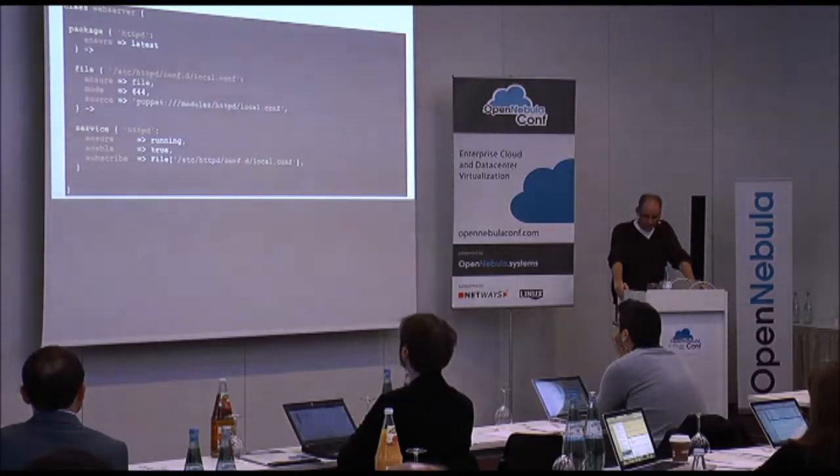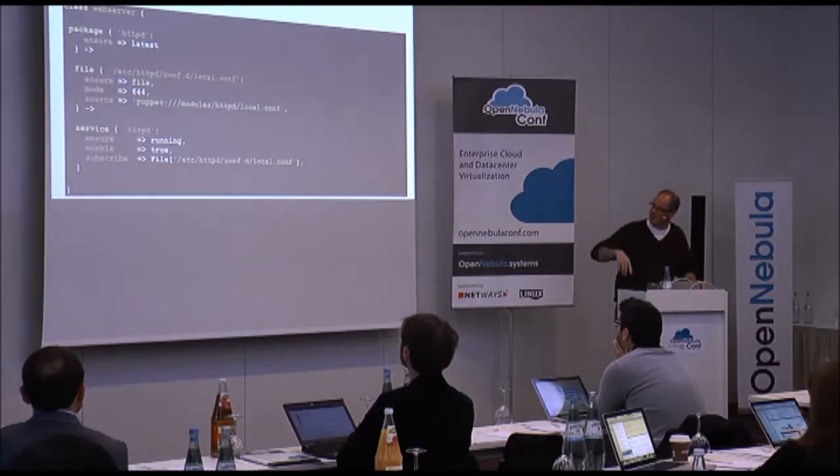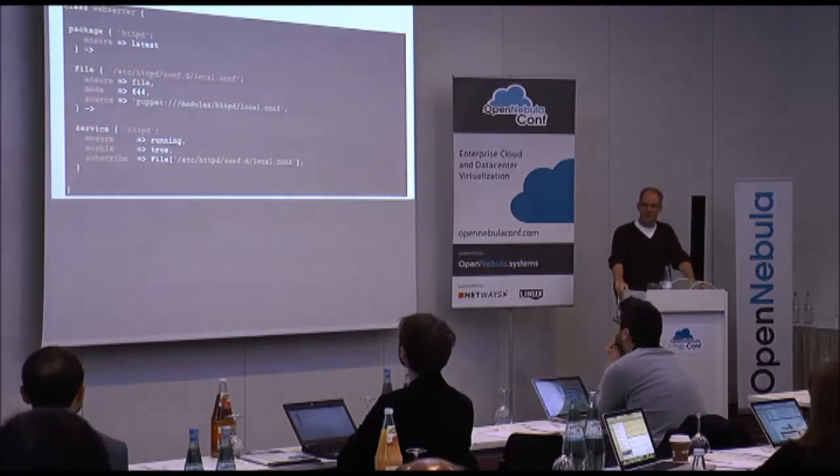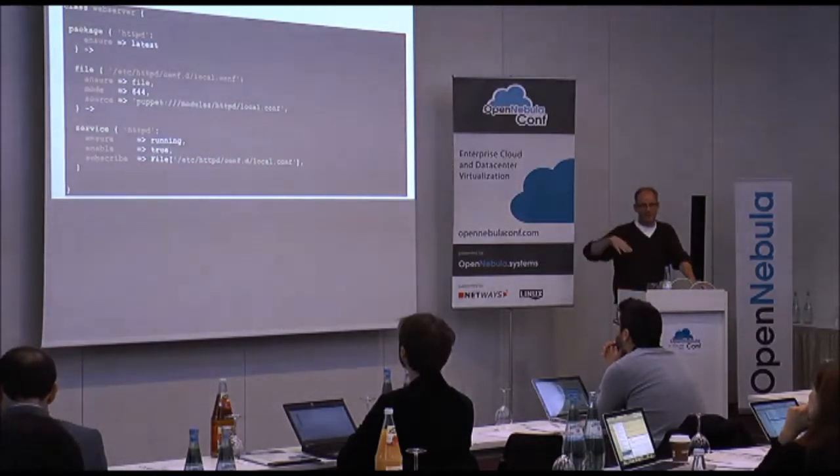None of that is particularly surprising. There are 2 really important things about that. One is, you might notice that there's no talk about how you actually install a package, or how you set the mode on the file, or what you need to do to start the HTTPD service. Puppet's approach to management is what's called desired state. You express what you want the end state of your system to be like, and it's Puppet's job to figure out how to get there.